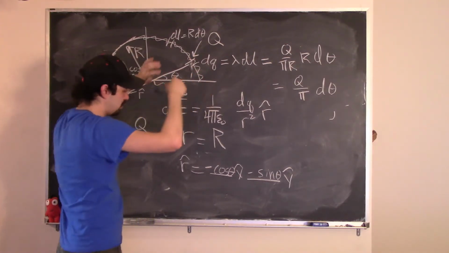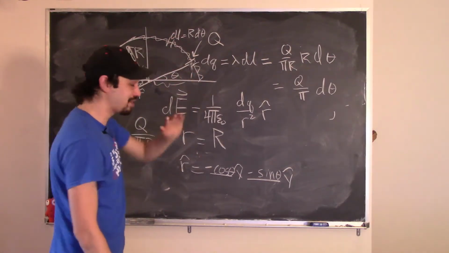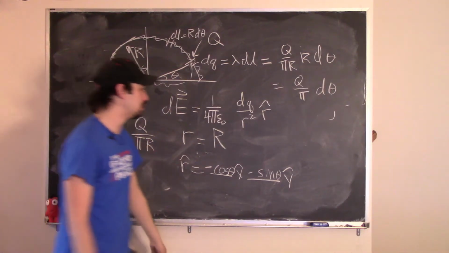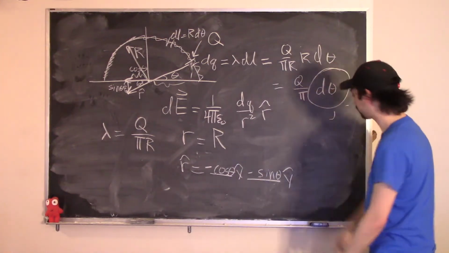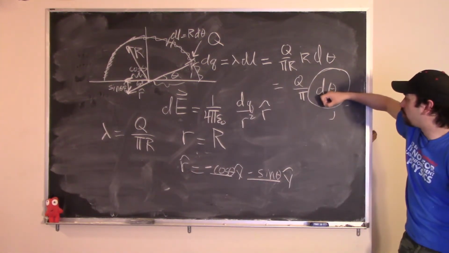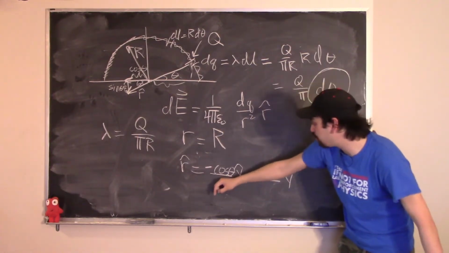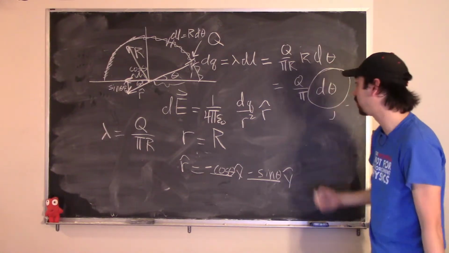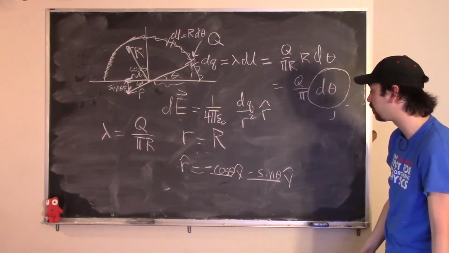So cosine of theta is equal to a divided by r. But that's actually not what we want to do in this case. And the reason we know that is because we're integrating with respect to theta, and so we want these thetas to be here because when we do the integral, that's what's going to get rid of them. It's not the reparameterization that's going to do it for us.